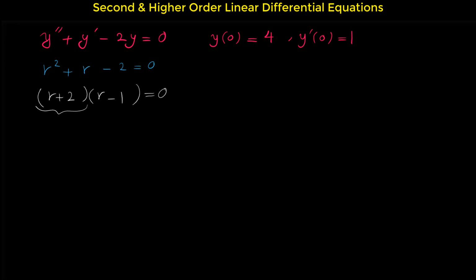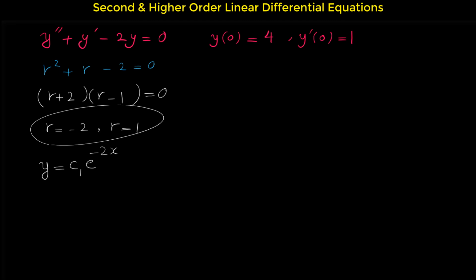Now, if we set this equal to 0 and this equal to 0, from the first bracket r is negative 2, and from the second bracket r is 1. So, the solution of this differential equation is y equals c1 e to the negative 2x.